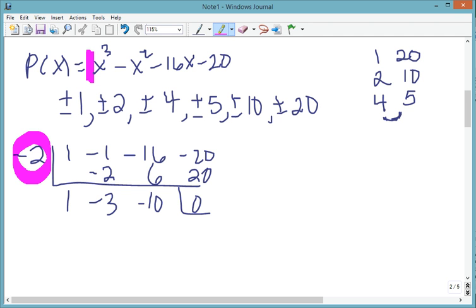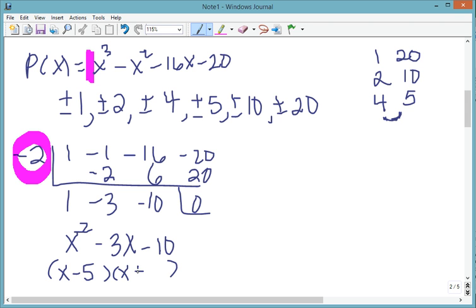Now what I have left is a quadratic. It's x squared minus 3x minus 10. And I think I can factor that. So I would have x, and I'm going to do 5 and 2, so it'd be -5, +2, and I already have the x plus 2.